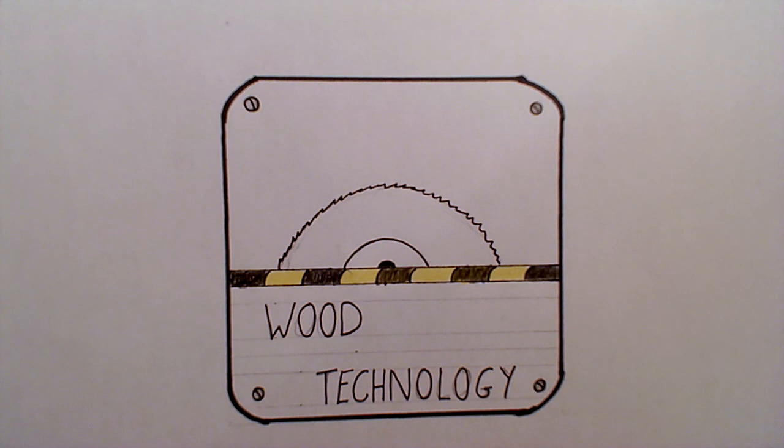To make it look like a saw blade. Then I'll get one of my pencils, and I will shade that in. The saw blade would be grey, so I'll turn my pencil on its side and start to shade it in.